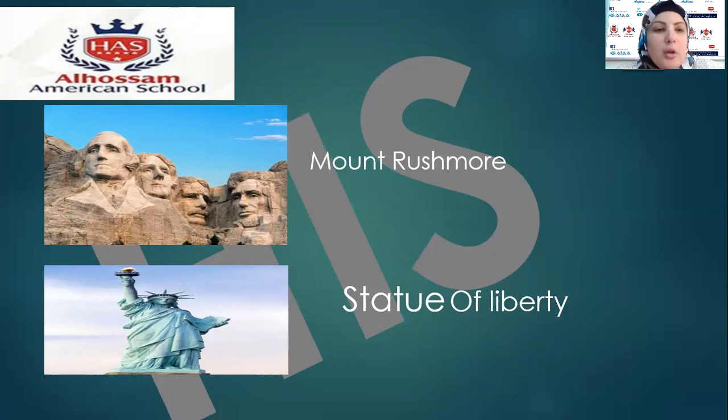It's a mount of the 4 presidents of the U.S., starting from George Washington, the first American president. This mount has the pictures of George Washington, Thomas Jefferson, Theodore Roosevelt, and Abraham Lincoln. So we have 4 pictures of 4 persons carved on a cliff.